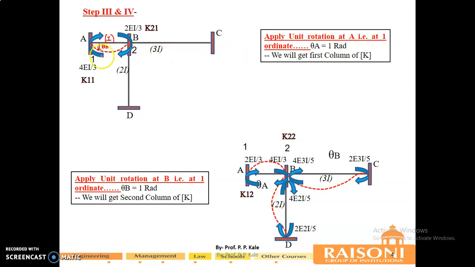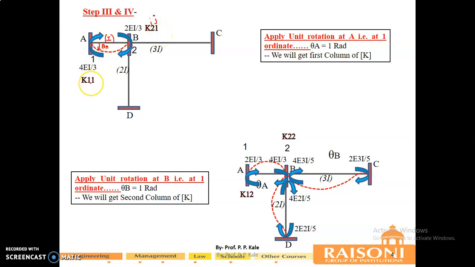So we will get from here the first column of the stiffness matrix, that is K11 and K21, that is the rotation at 1 due to unit rotation applied at 1. K11 and K21 means the force required at I point due to unit displacement applied at J point. I have explained this in my previous video.